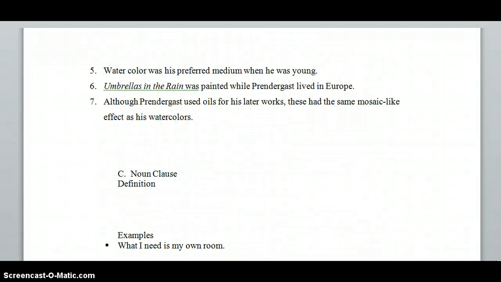The last few examples. Watercolor was his preferred medium when he was young. There's that subordinating conjunction. So when he was young, subject he, was, linking verb, young, predicate adjective, tells me watercolor was his preferred medium. It's when was it.